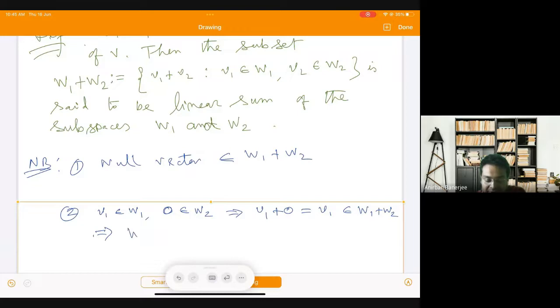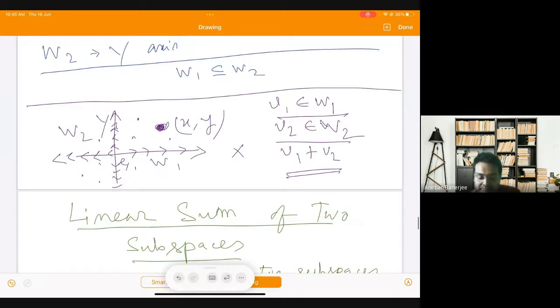And this implies W1 is a subset of W1 plus W2. This is easy to see with our example, where W1 plus W2 will be the whole R2 in this case.